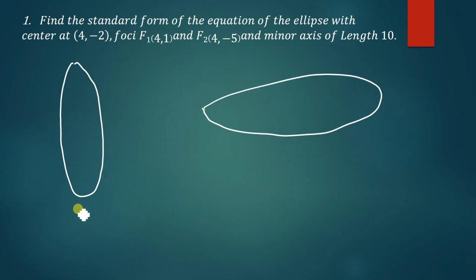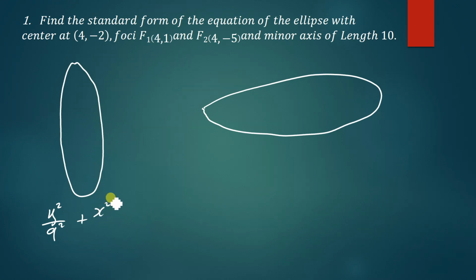If it's in the y, you have y squared over a squared plus x squared over b squared.